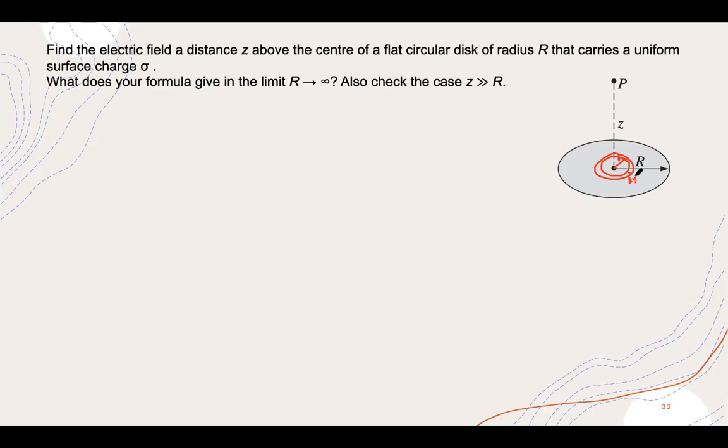Then we can see that this is just the example which we discussed in the previous slide. If it is a ring, then we can suppose that this plate is made up of this kind of ring.